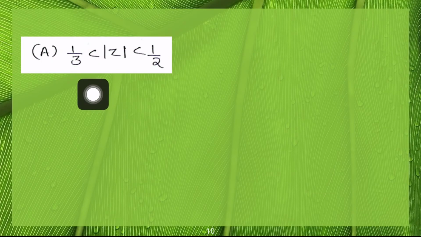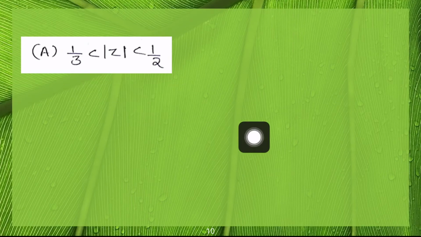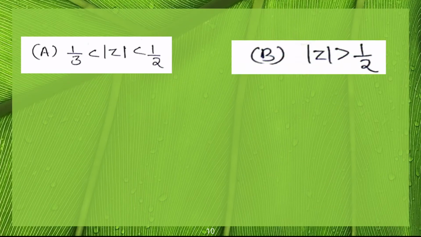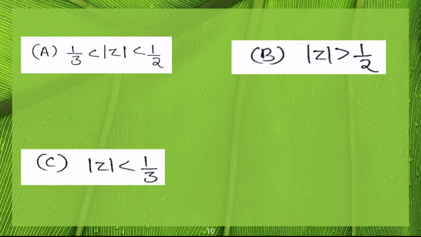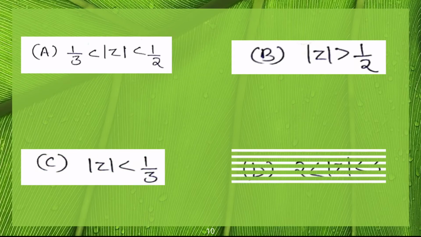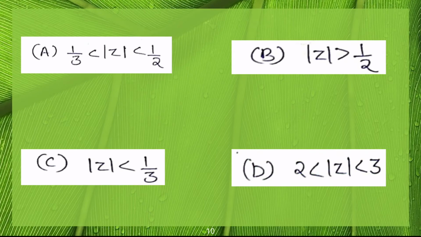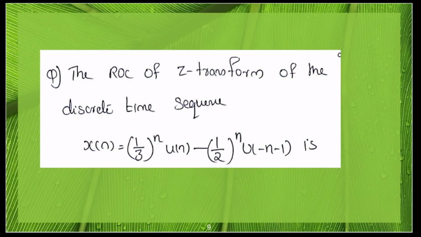Option A 1 by 3 less than mod z less than 1 by 2. Option B mod z greater than 1 by 2. Option C mod z less than 1 by 3. And option D 2 less than mod z less than 3. Let us first understand this question. Here we are asked to find out ROC of this x of n.